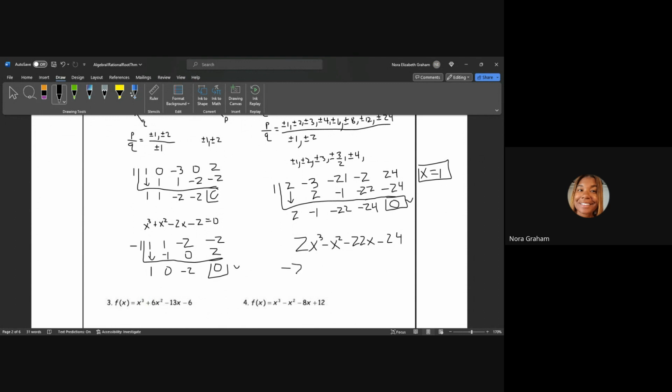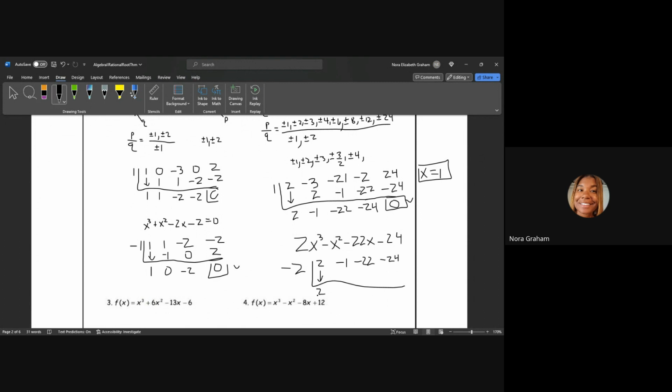So if I do -2 and I do synthetic division with it, my coefficients are 2, -1, -22, and -24. And then I do my synthetic division again. I drop down, and then I have 2.